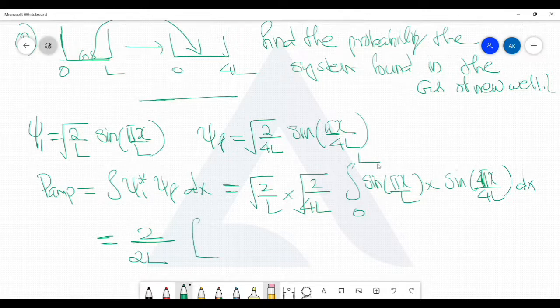Upon integration, this becomes sine and sine, therefore sine minus sine.